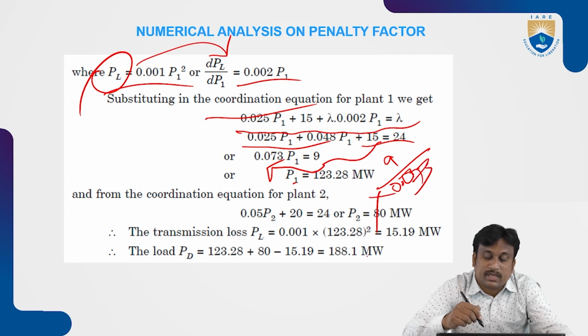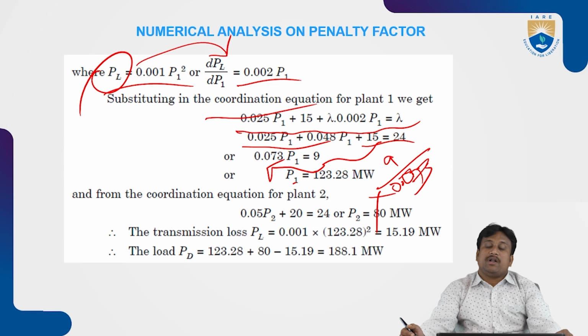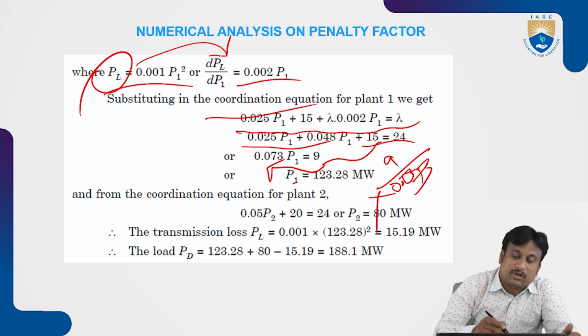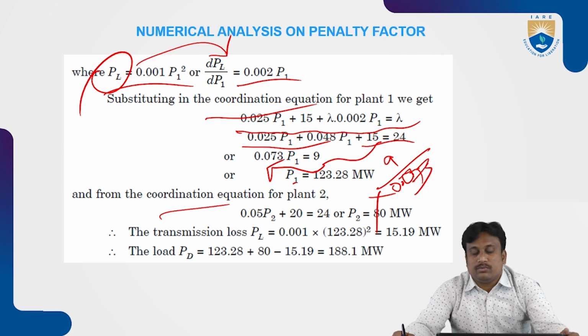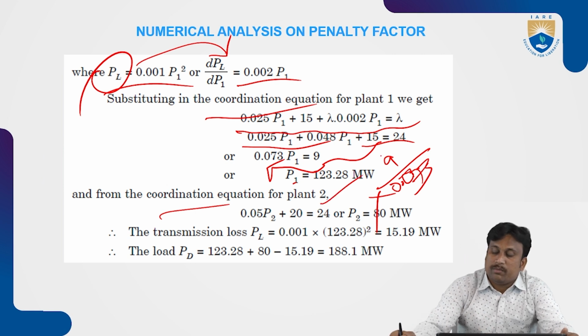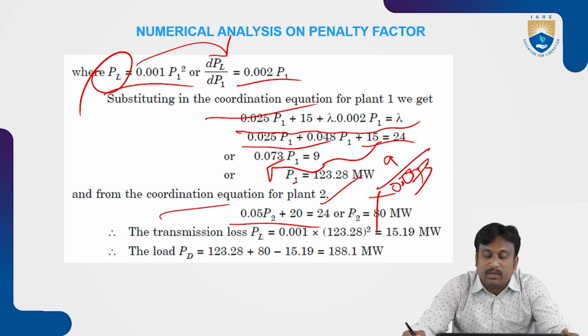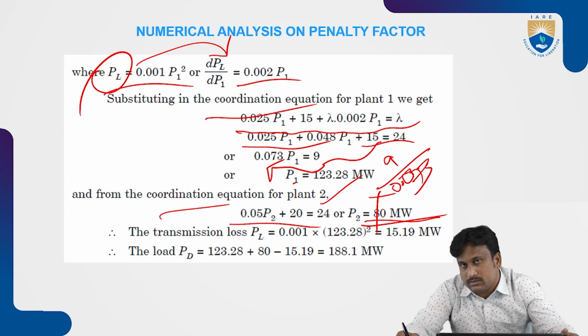So this will be cross multiplied and you may get 123.28 megawatts. And from the coordination equation for plant 2, we may write 0.05 P2 plus 20 equals 24, or P2 is about 80 megawatts.